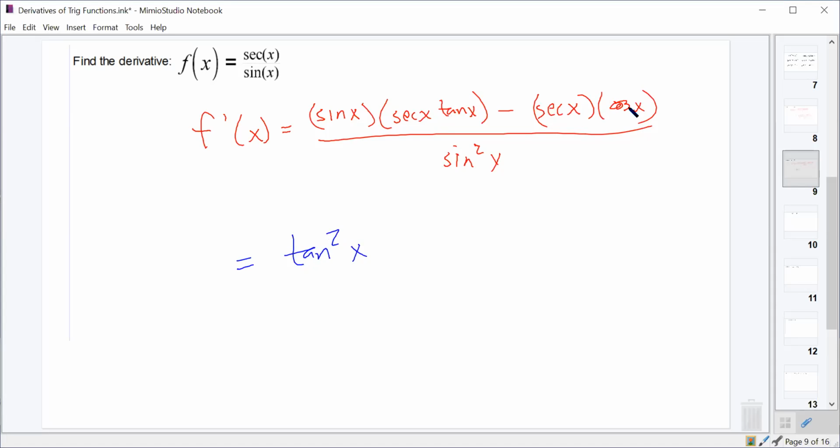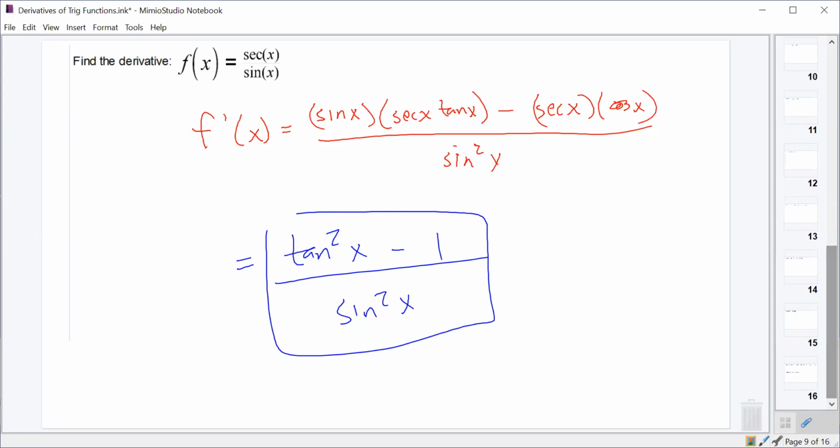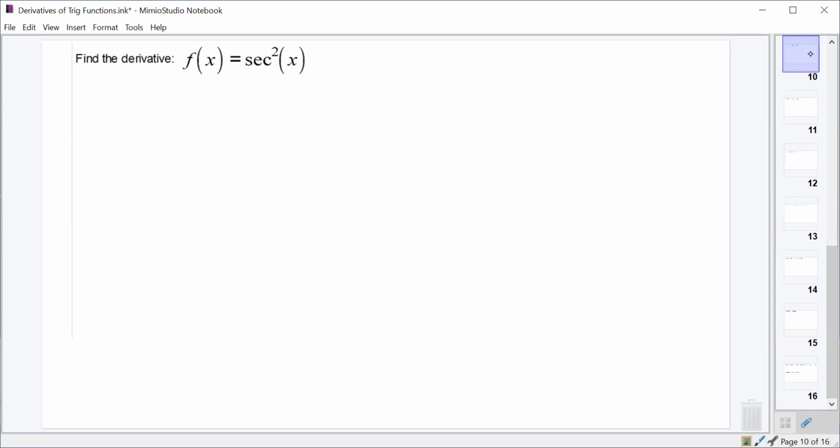And then here, secant times cosine ought to just be 1, all over sine squared x. Good or no? Good.